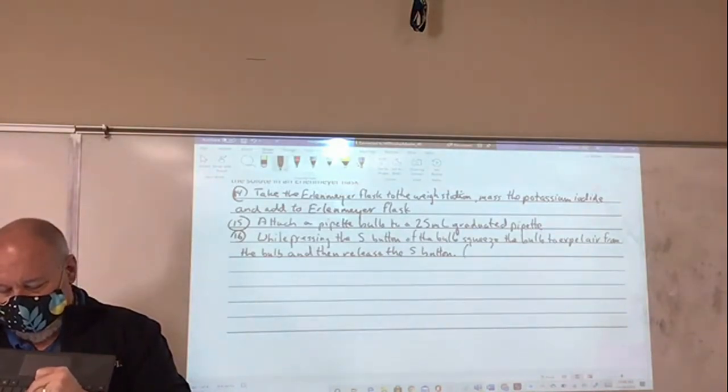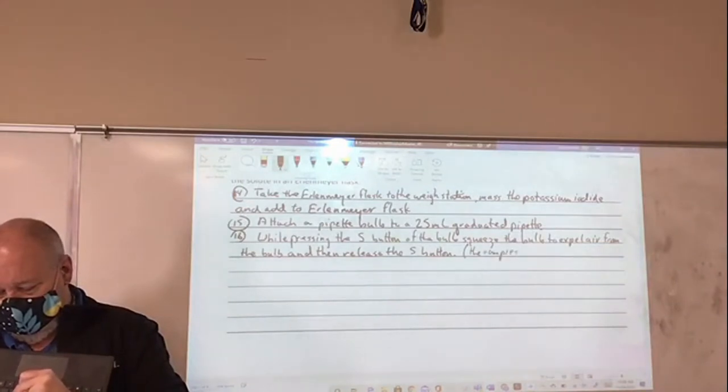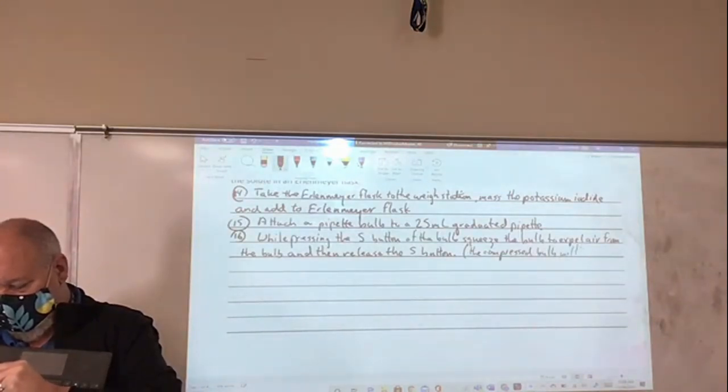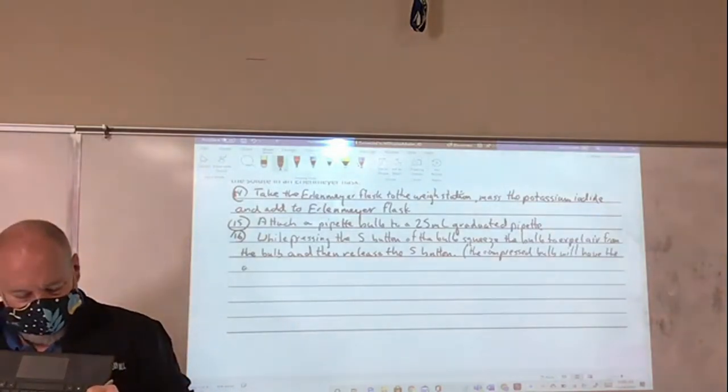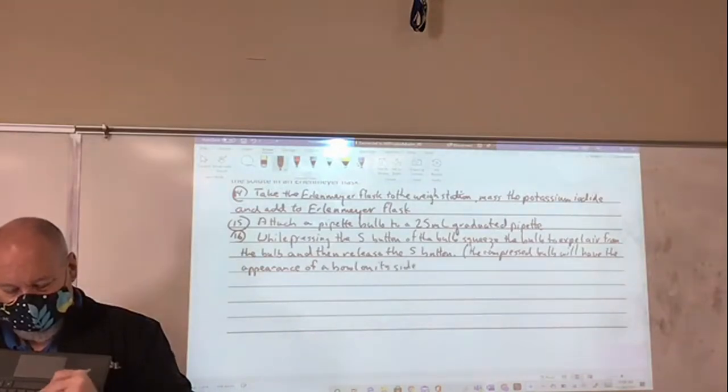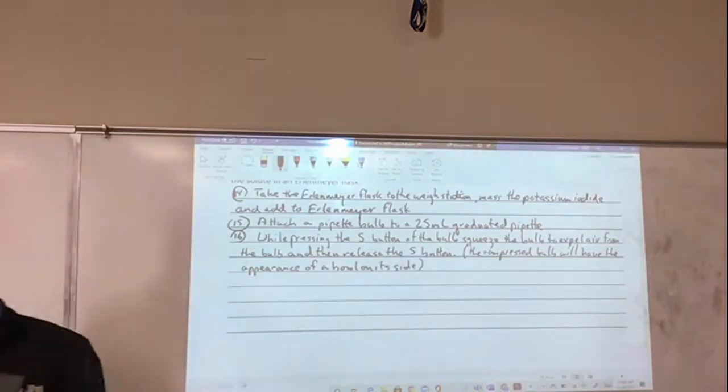The compressed bulb will have the appearance of a bowl on its side. Is that okay?